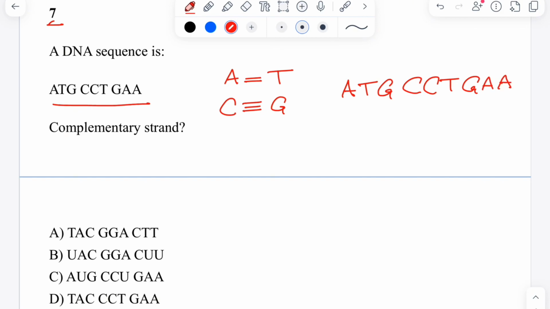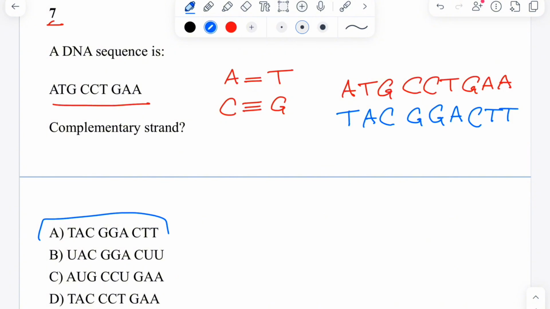Complementary strand is T, A, C, G, G, A, C, T, T. So, number A.